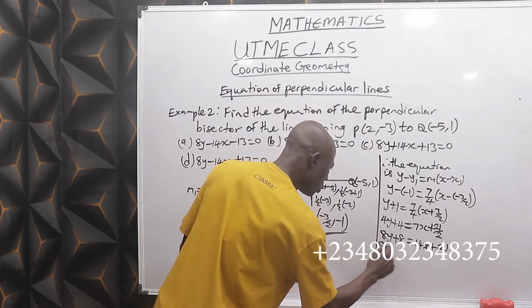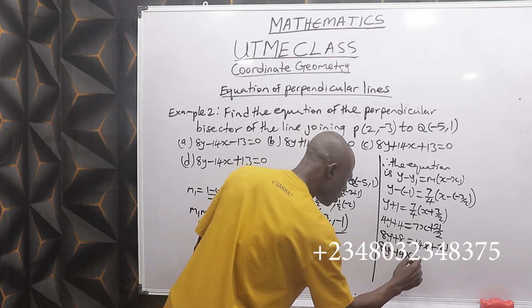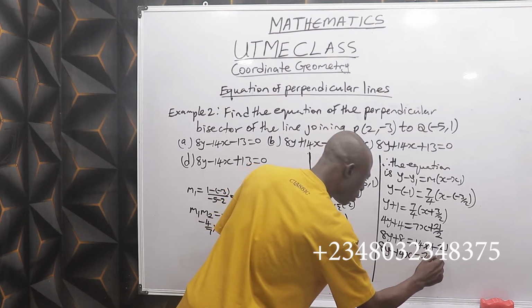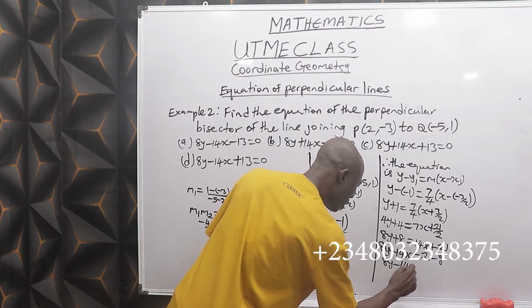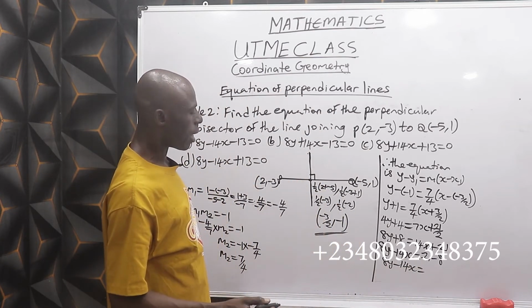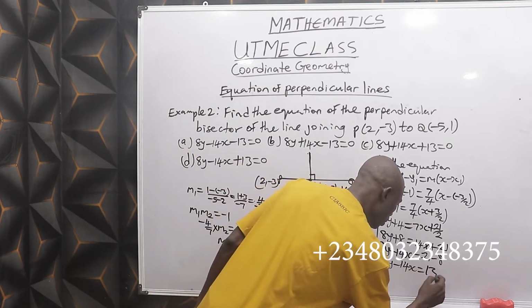So we have 8y minus 14x equals 21 minus 8. 8y minus 14x equals, when we subtract 8 from 21, that gives us 13.